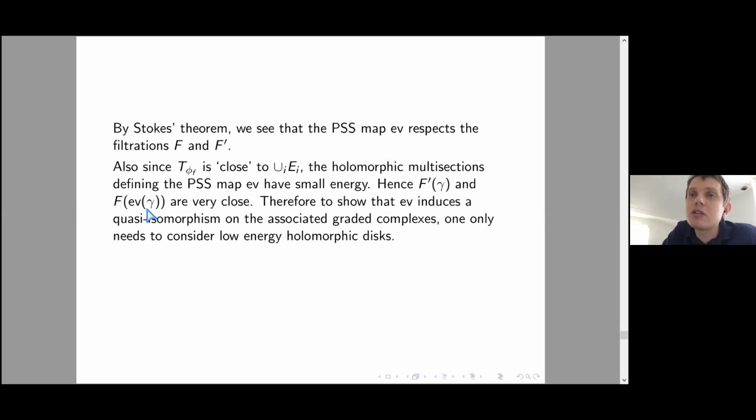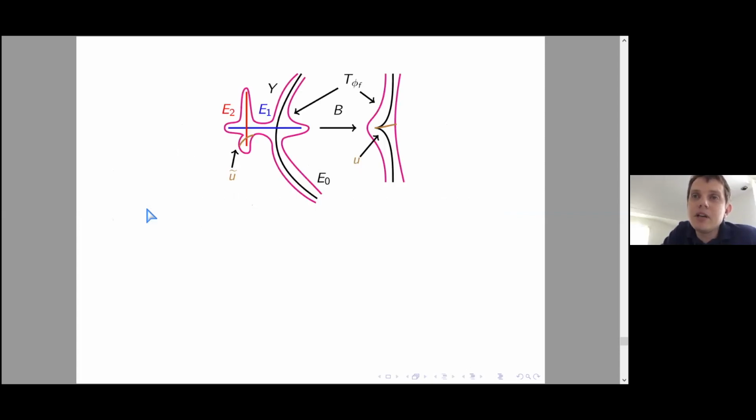So as a result, the PSS map induces a quasi-isomorphism of the associated graded chain complexes coming from these filtrations. And these disks have very small diameter in the resolution. Okay, so here's my schematic picture of what's going on.